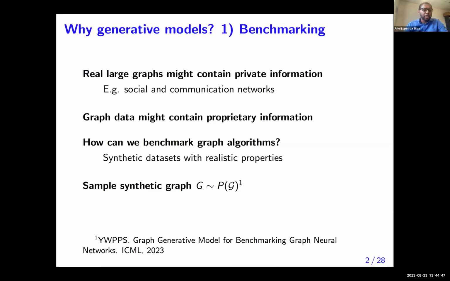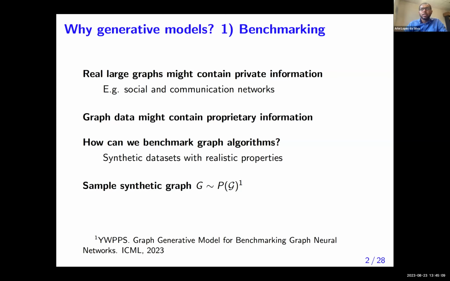In that case, how can we validate an algorithm? For instance, let's say you develop a model for predicting properties of proteins, but you don't have access to some proprietary data that might belong to some pharmaceutical company. How can you still claim that your algorithm or your model is effective in that setting?